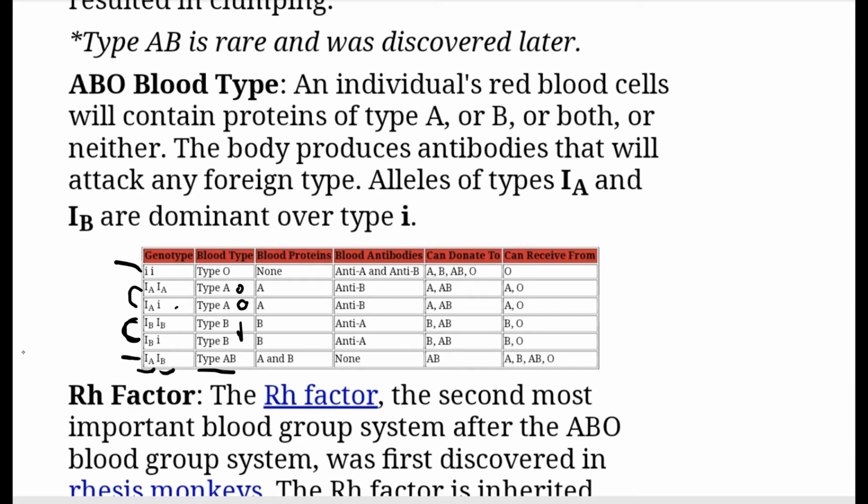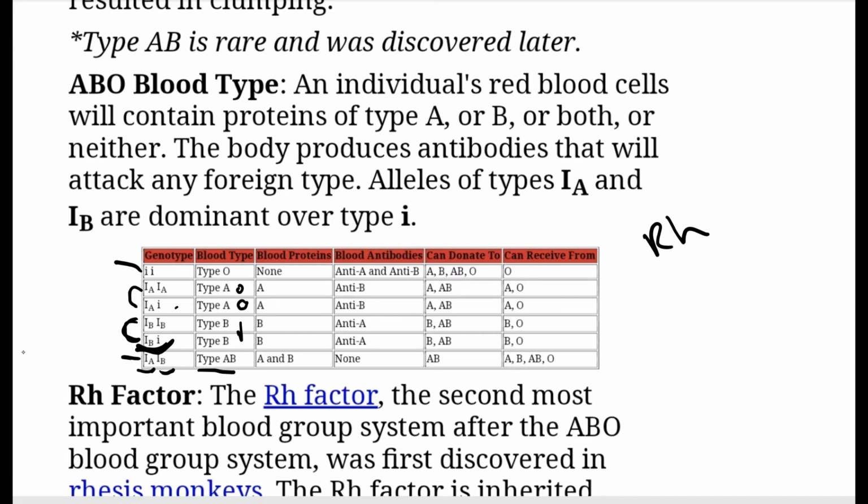So again, these are not related to the recessive part, the RH. These are not related to it. So if this is this one here, this is a recessive one, but it still is called blood type B. So it's very easy just to remember.